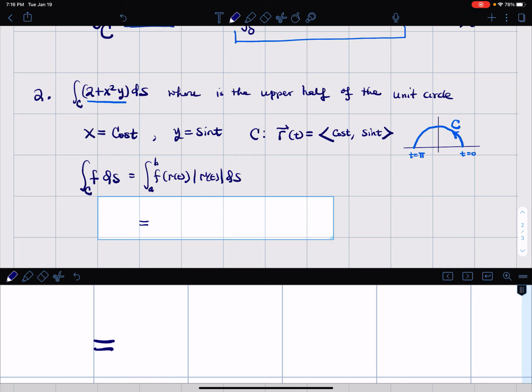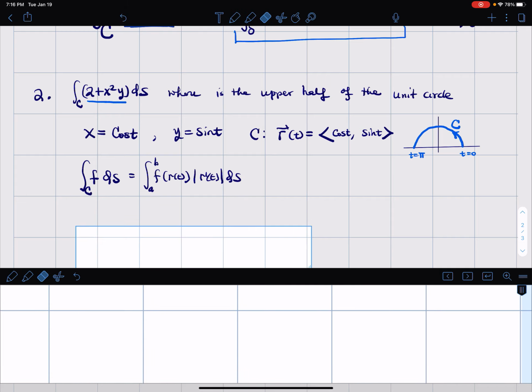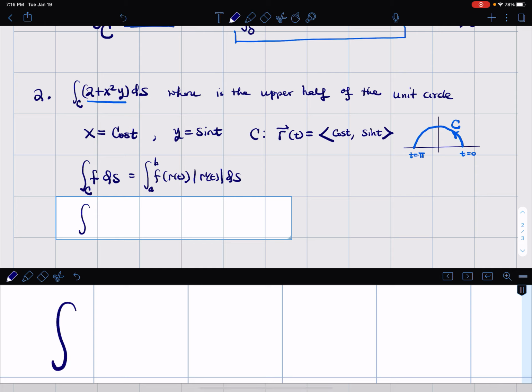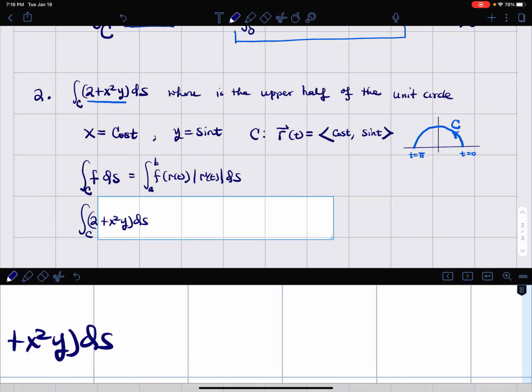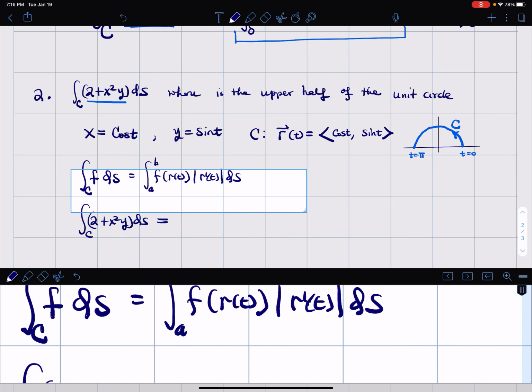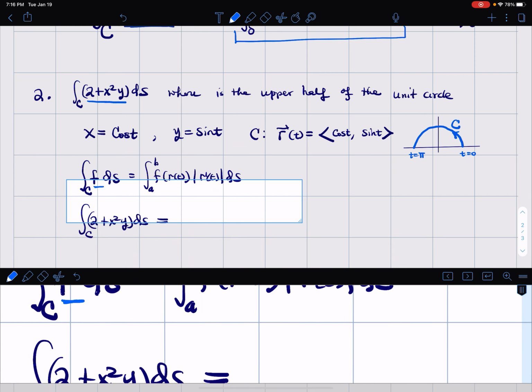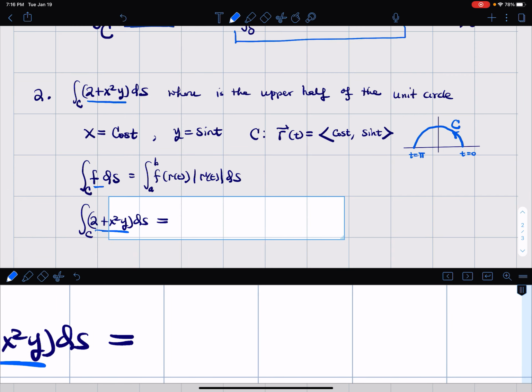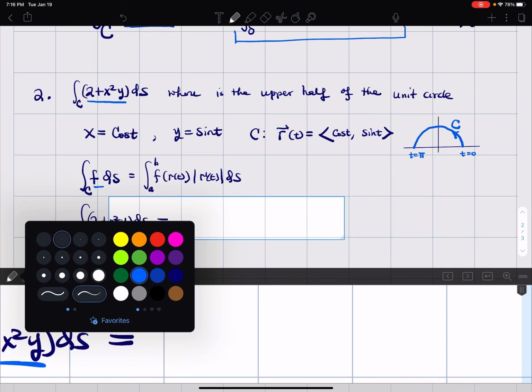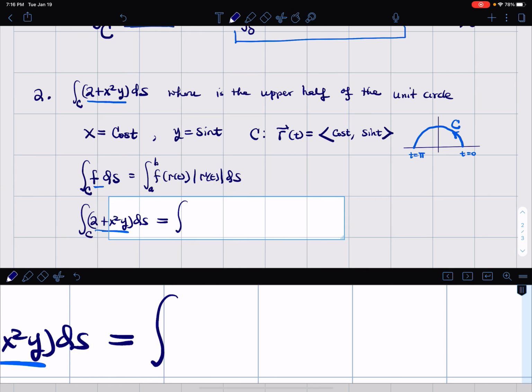So we actually want the integral over C of 2 plus x squared y ds. This is what we want. So that is your f. All right. So to plug in r of t is to plug in cosine t for x and sine t for y. So we have 2 plus cosine squared t sine t.